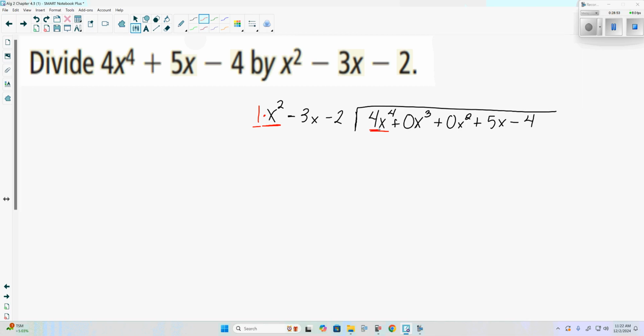Now we need to see what times x squared will give us x to the fourth. So how many x's do we have outside? 2. There's 2 of them being multiplied together. Inside, how many do we have multiplied? Because a power is just telling us it's multiplied by itself that many times.